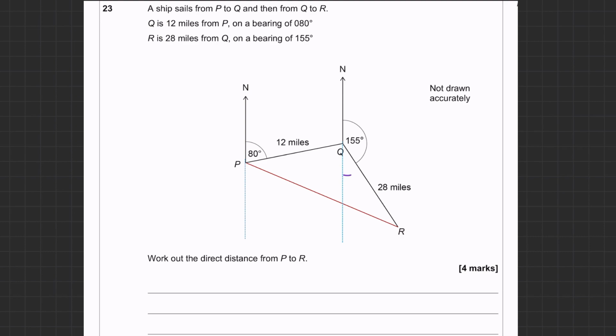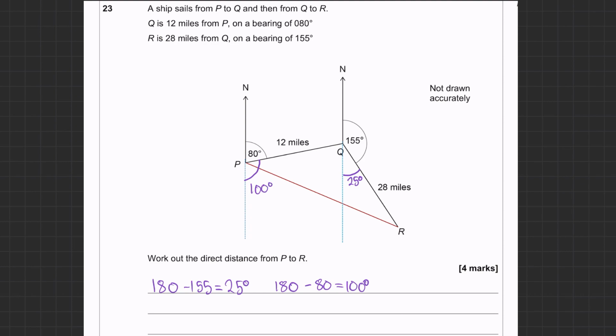So this angle here is 180 take away 155, which gives us 25 degrees. We know this angle here is going to be 180 take away 80, which is 100 degrees.